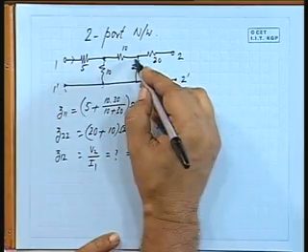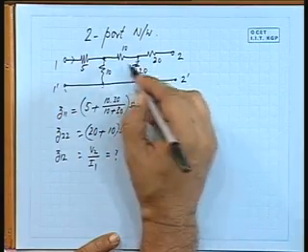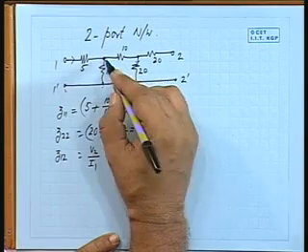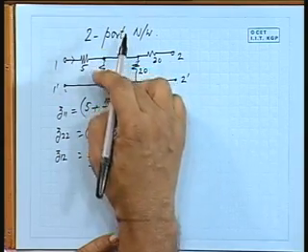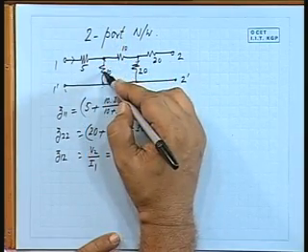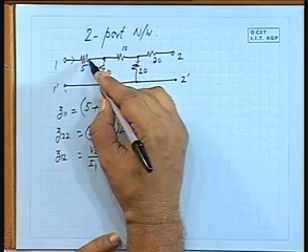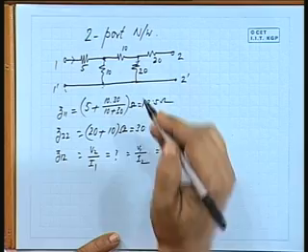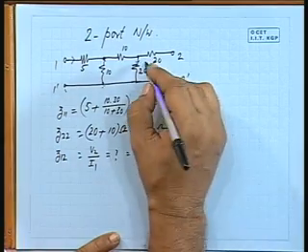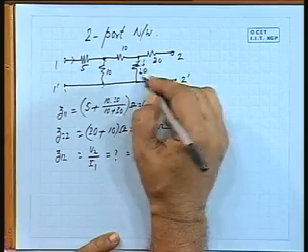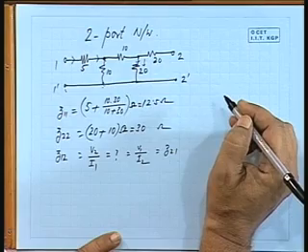So if 1 ampere current flows through this, 20 plus 10, 30 volts. 30 volts by 10 ohm, so 3 ampere. So 3 ampere plus 1 ampere, 4 amperes is the current here. So for a unit current here, 4 ampere of current will flow through this.